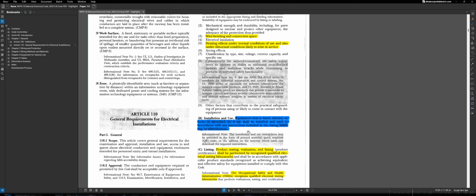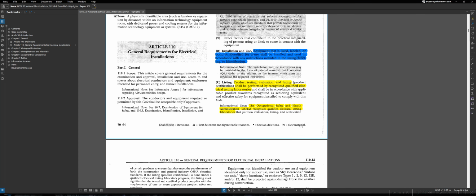So in simple terms, the very first rule that directs us to do something that we have to follow in the entire NEC is to simply use the instructions that come with a piece of equipment that we may be installing. So anytime that you're installing a piece of equipment, the very first thing you should do is, if it has instructions, which if it's listed or labeled, it will, you should look at those installation instructions.